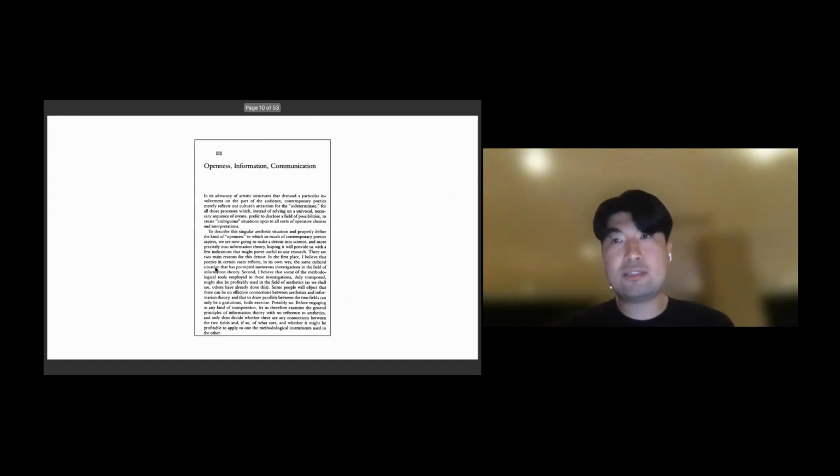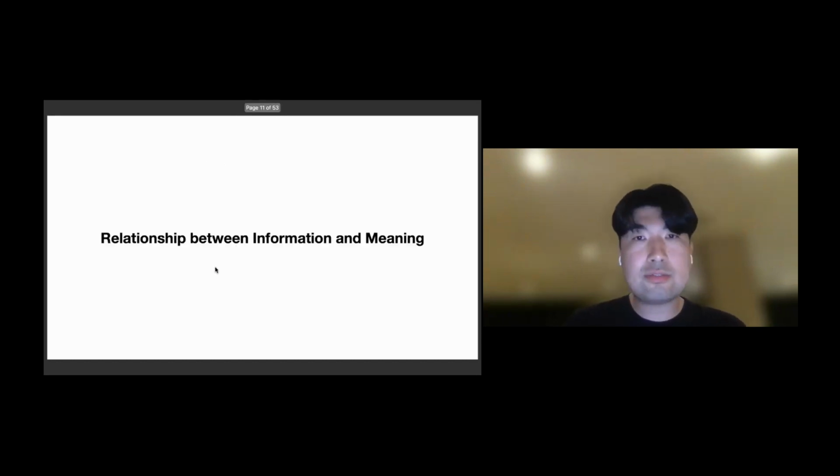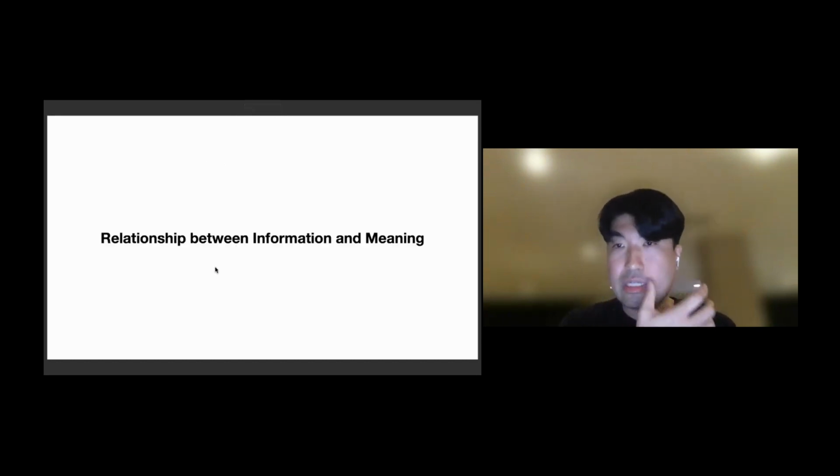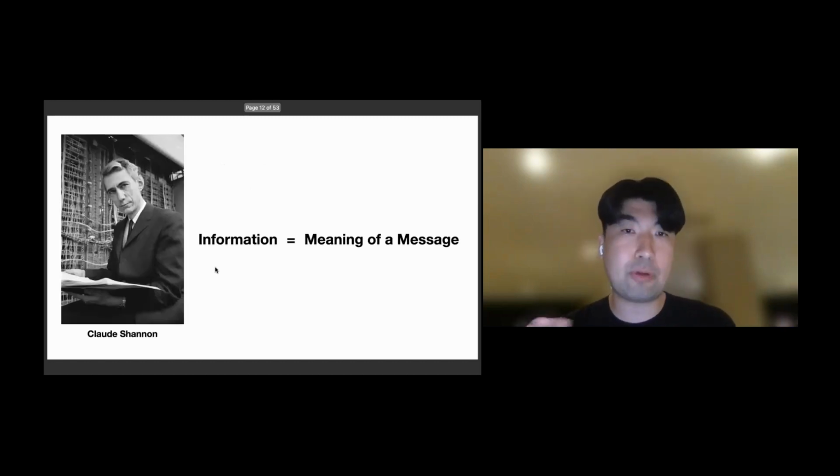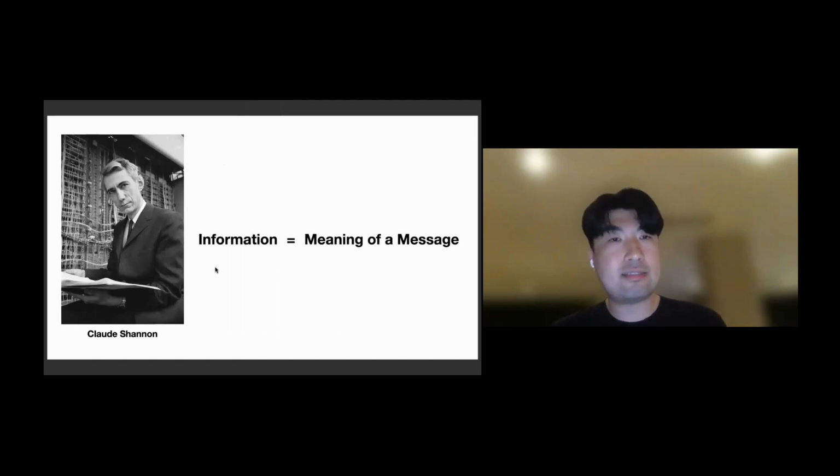Among the various discussions Eco pursues in this book, the part I want to focus on is his third chapter, which talks about the relationship between information and meaning. The information he refers to in this part is the information theory by Claude Shannon. The part he critiques is that in Shannon's information theory, due to its more statistical approach, they somehow believe information and the meaning of a message are equivalent.